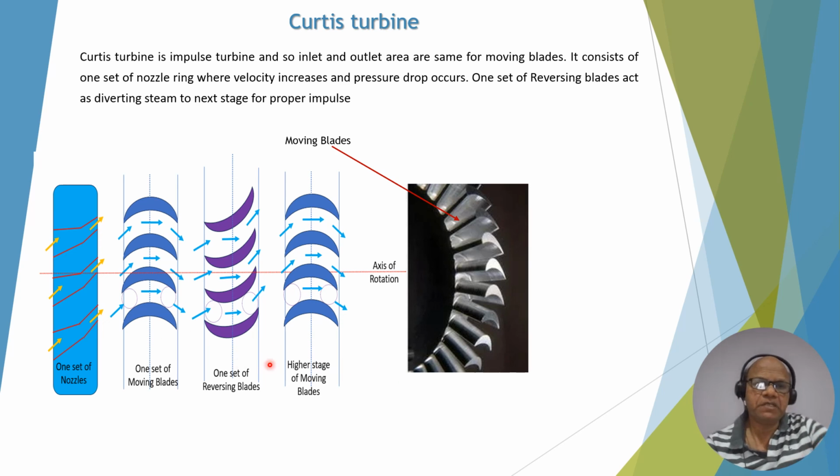So two-stage impulse, no pressure drop in the moving blades, only pressure drop in nozzles. Velocity changes only in the nozzles. In the reversing blade, there is no change of pressure and velocity, but in the moving blade, absolute velocity changes. Please note that, but relative velocity remains the same.